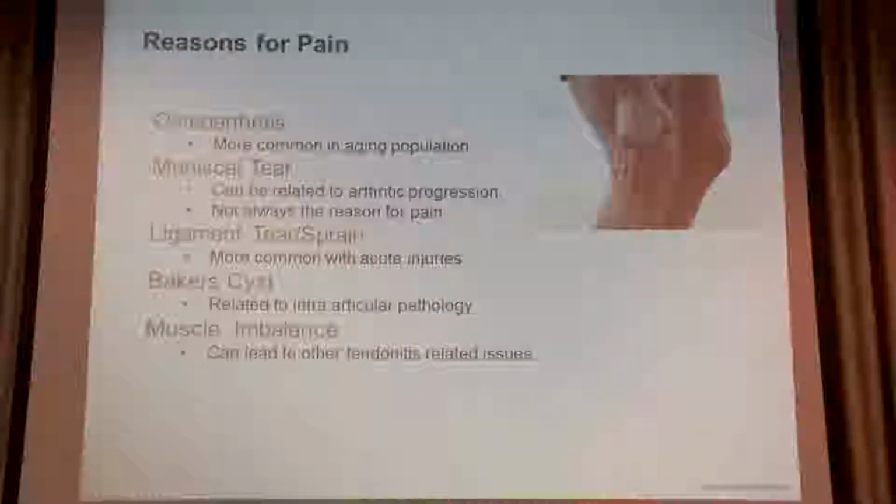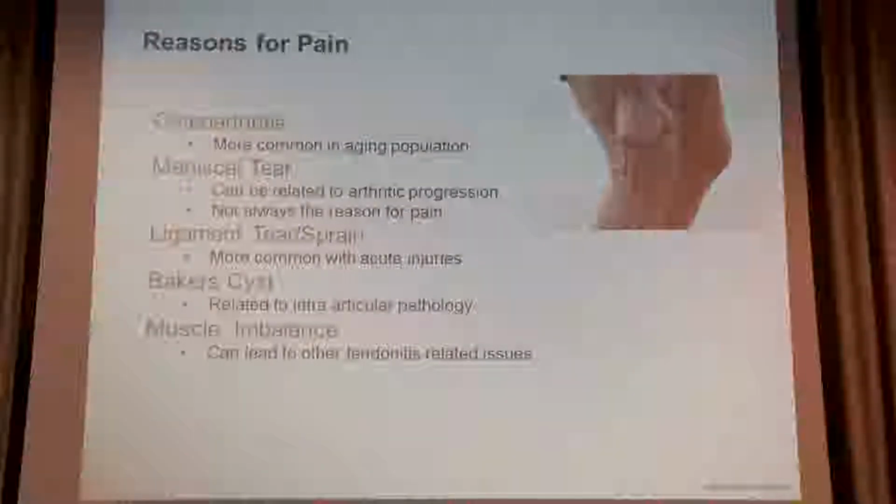Osteoarthritis is one of the most common. We see it quite a bit as people age, and it's associated with wear and tear arthritis. The next most common thing is meniscal tear, and it can be related to arthritic progression. Not always the reason for pain, but it can be a confounder.